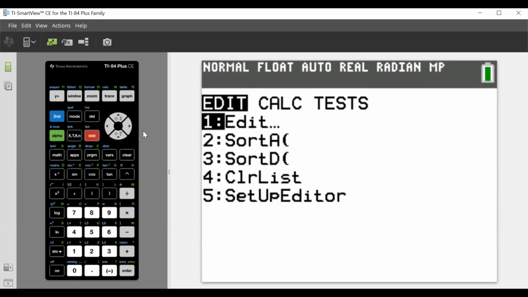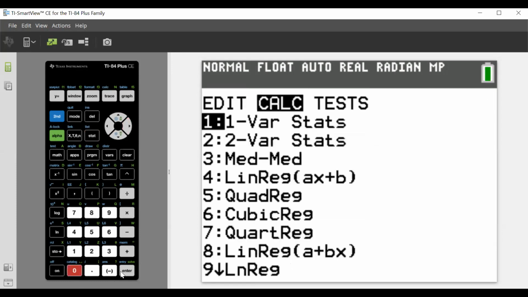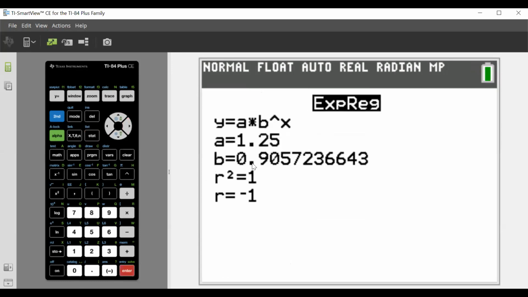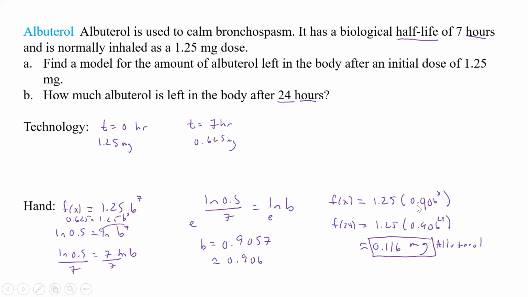And now we can do calc, number 0. And here's what we had, 1.25 and then 0.906. And that's exactly what we get here. And so technology got us there a lot quicker, but we get the same thing either way.